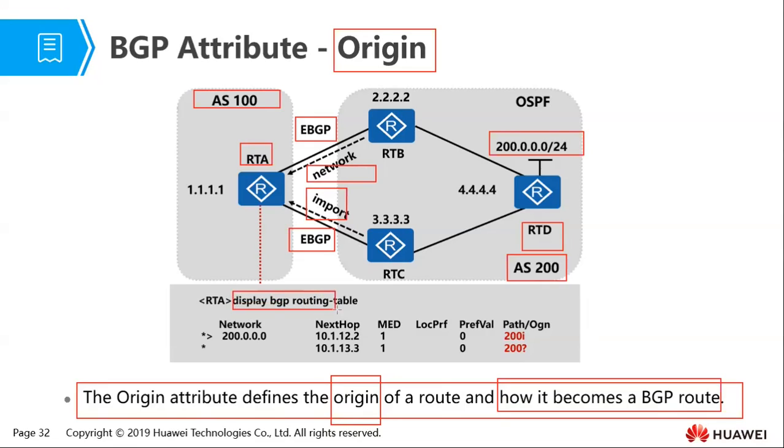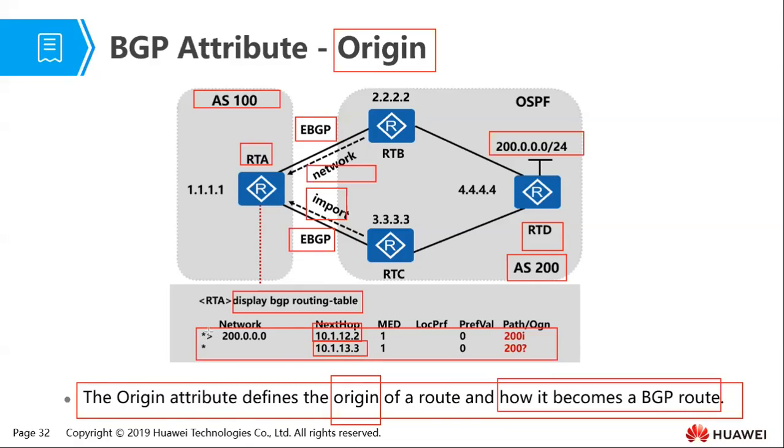Now, as you're going to see, the origin attribute can determine which route is actually the best route. Now you can see here in RTA, if we do display BGP routing table, we have two entries that can take us to this network. So we can either go through RTB, which is 2.2 there, or we can go through RTC, which is 0.3.